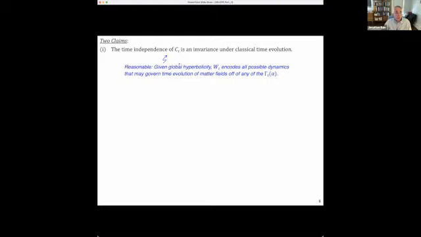And that seems a reasonable claim, given the assumption of global hyperbolicity of the space-time, which indicates that a given causal diamond encodes all possible dynamics that might govern time evolution of matter fields off of any one of its spatial slices.